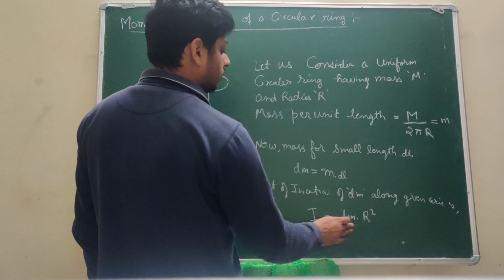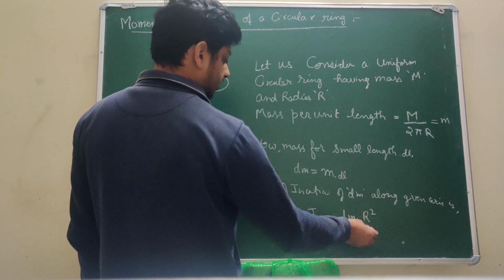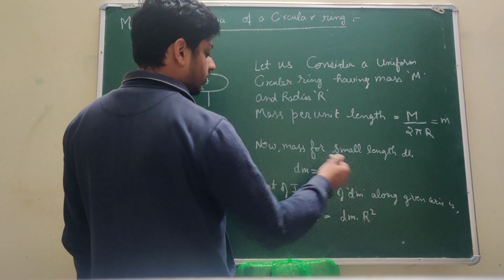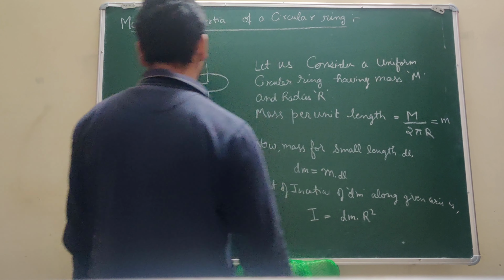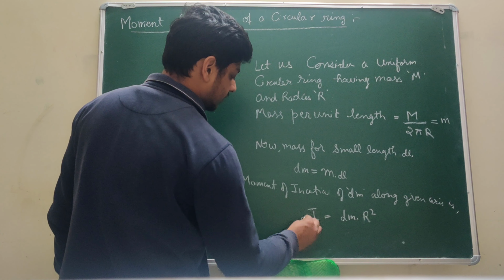Mass into distance square from the axis is the moment of inertia of a particle.